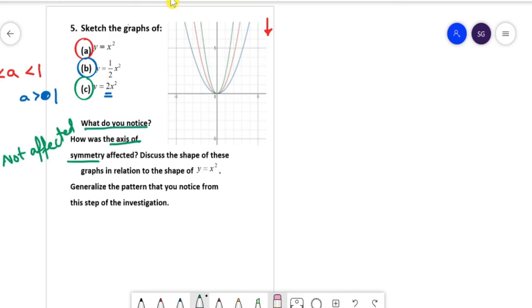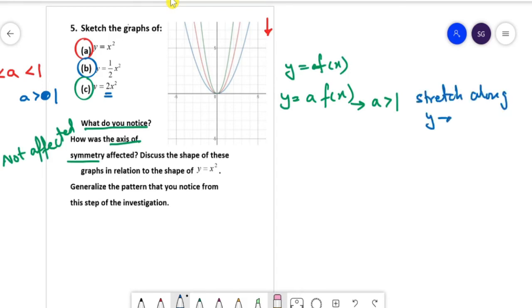So let's try to summarize here. When you have the original function f of x, and you're multiplying this f of x, the output, by some number a, then there are two possibilities. First of all, if a is greater than 1, it will be a stretch along the y-axis by scale factor a.